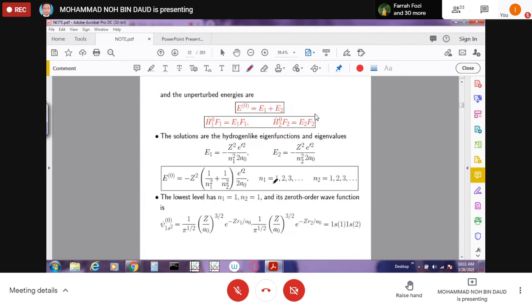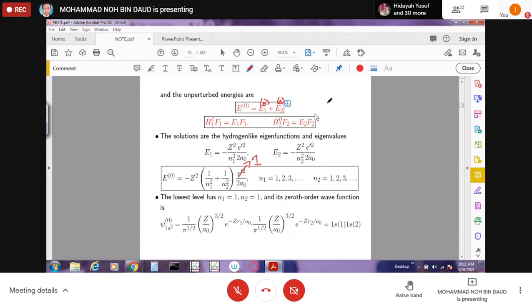Now we have this formula, the zero order, and this as well the zero order. Now, in atomic units, you can set this as 1.